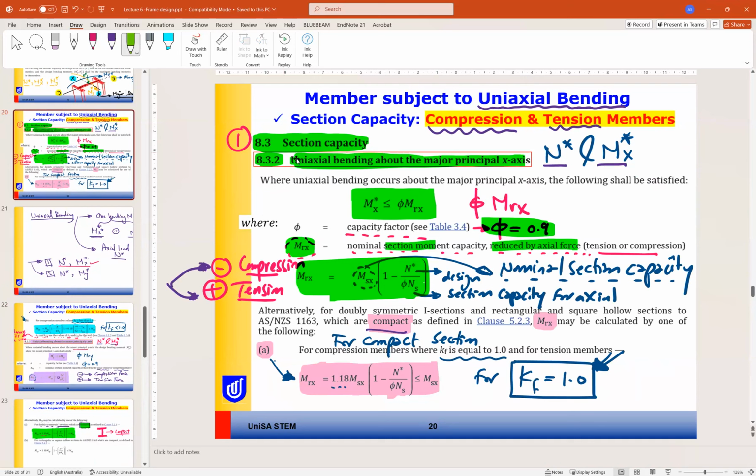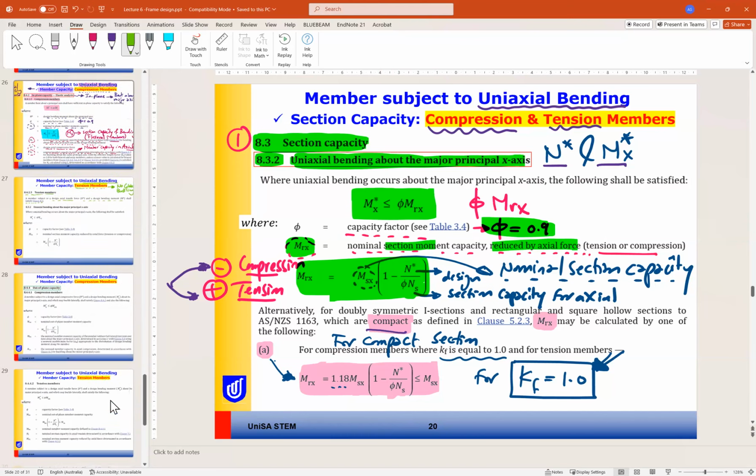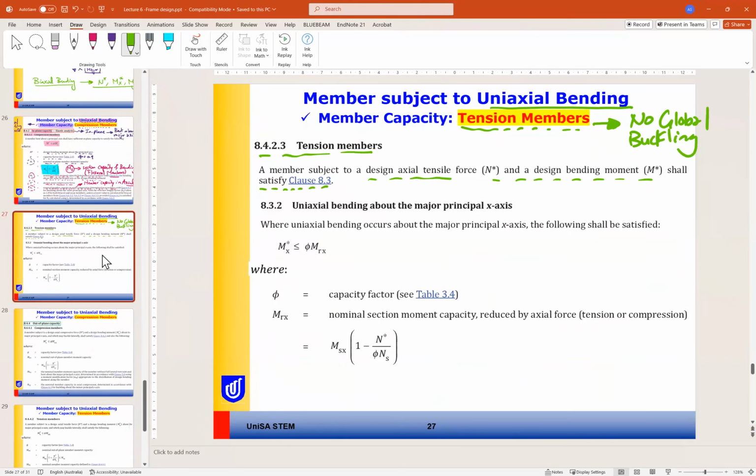If the member is bent about its major principal axis x, it follows the same formulas here. So what I have done is just copy it again.